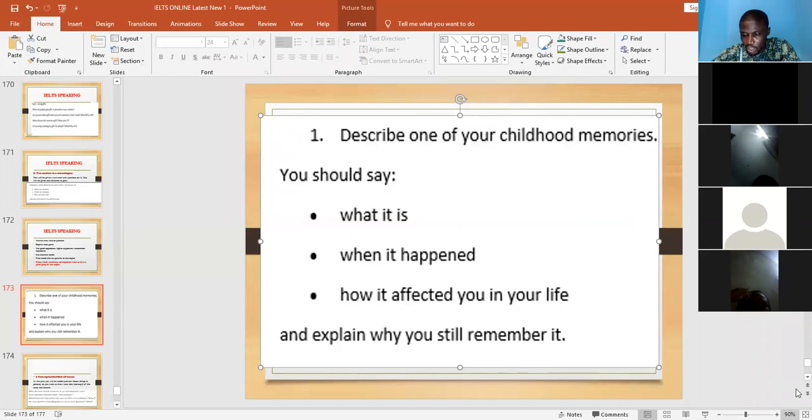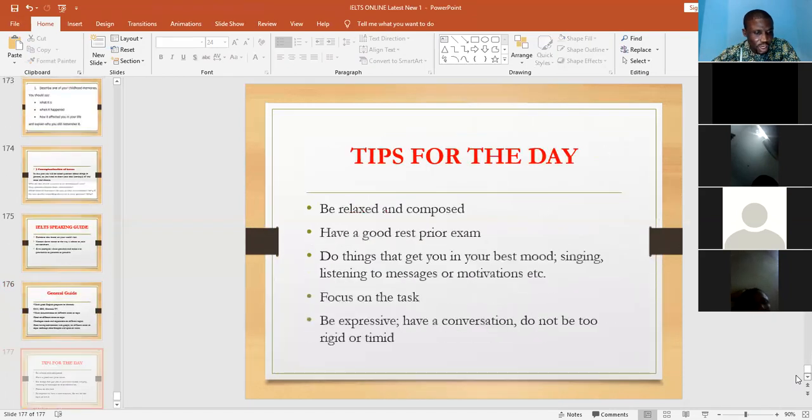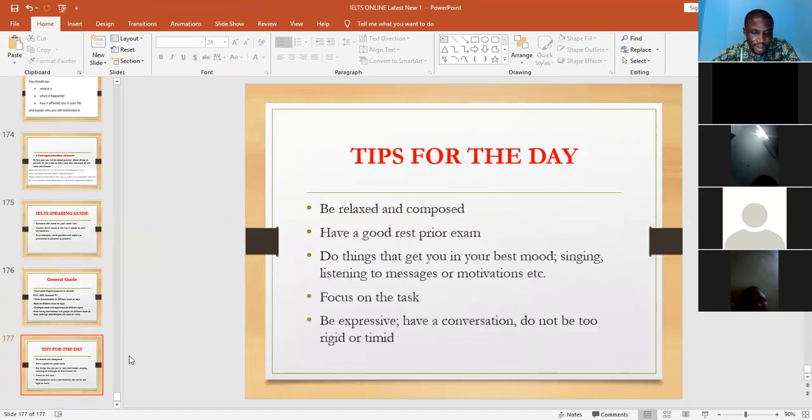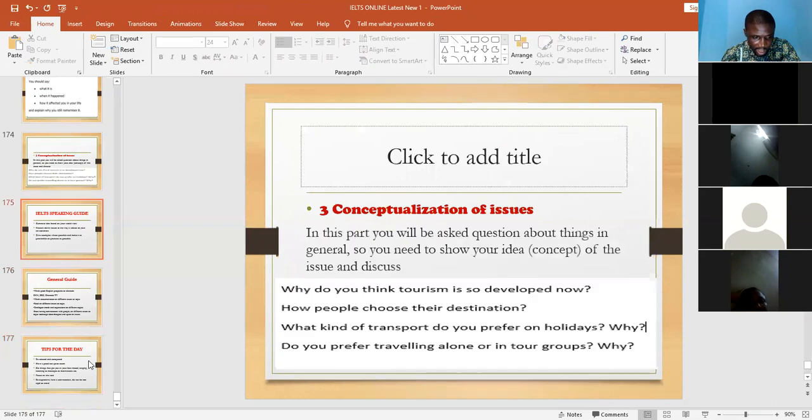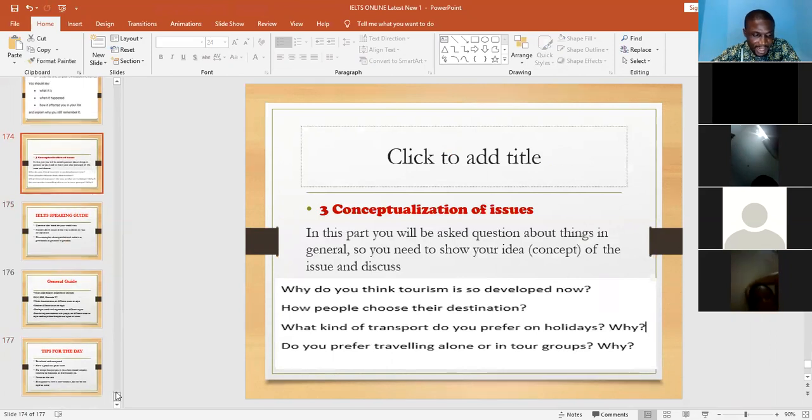But let me see. I want to pick someone, but I want Madam Kemi, do you want to participate in this section 2? Let me try. Okay, no problem. I'll give you a try.